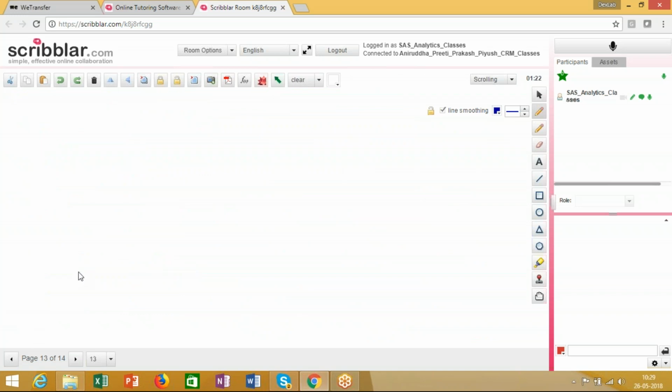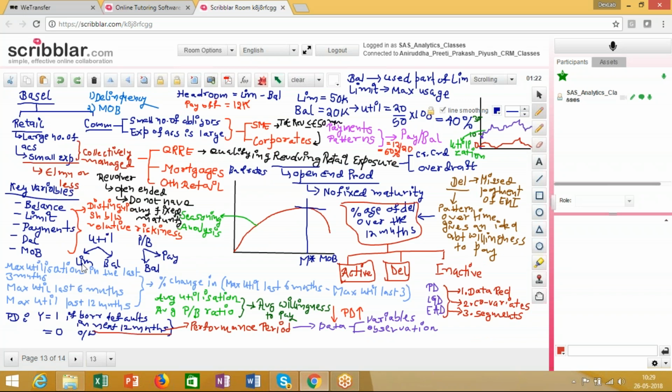Basel breaks the banking portfolio into two broad parts. One is the retail portfolio, the other is the commercial portfolio, right? So it says that every bank has two broad lending books. One is the retail book, the other is the commercial book, right?